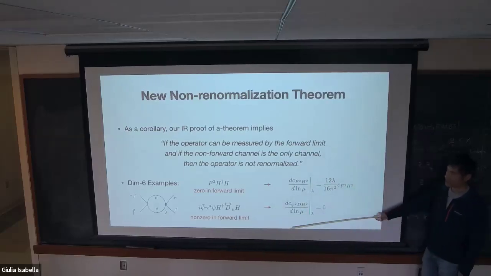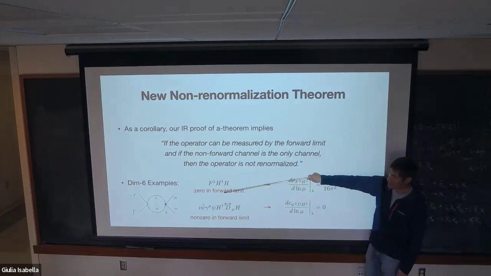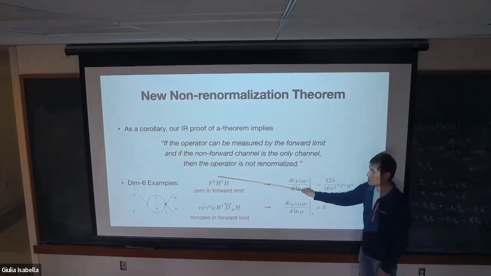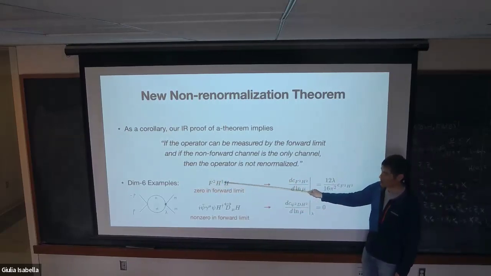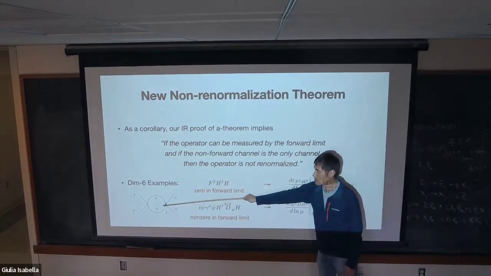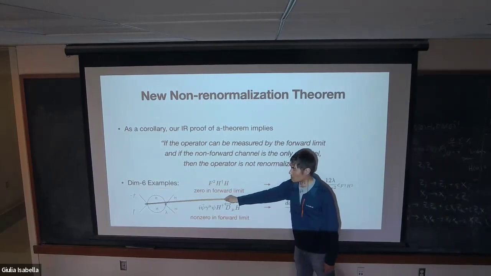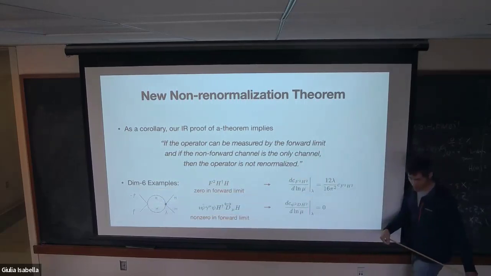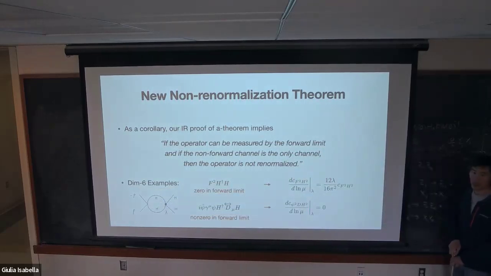So let me give you two examples. In this example, we consider the RG running contribution to this operator by the lambda 5 term. So through this type of diagram with these two being the gauge bosons, it's vanishing in the forward limit. So therefore you don't get an interesting result. You simply get 0 equals 0.